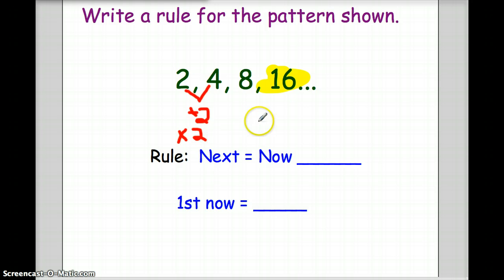Let's see if any of those work for the next phase. To get from 4 to 8, well, if I add 2, that gives me 6, so that doesn't work. But if I multiply by 2, that gives me 8. 8 times 2 is 16, so that is going to be my pattern. So my pattern is next equals now times 2.